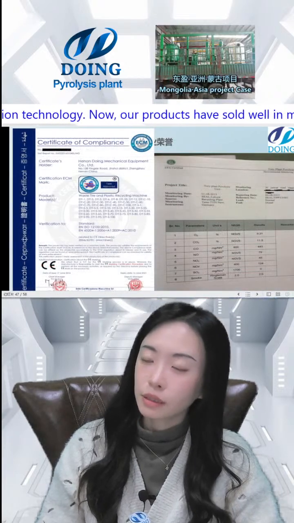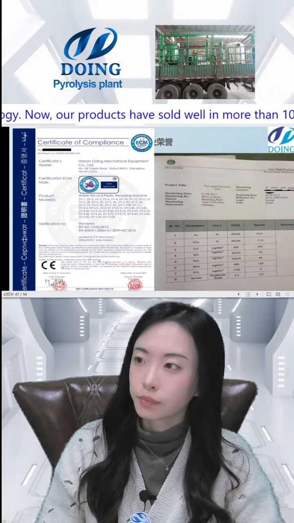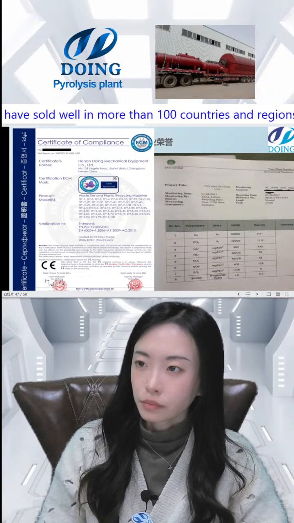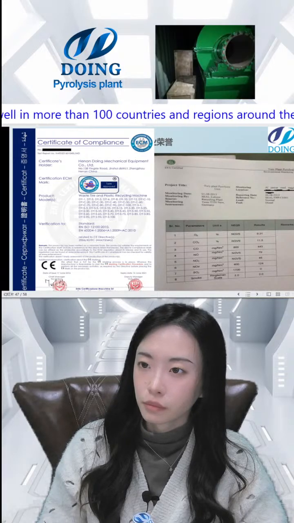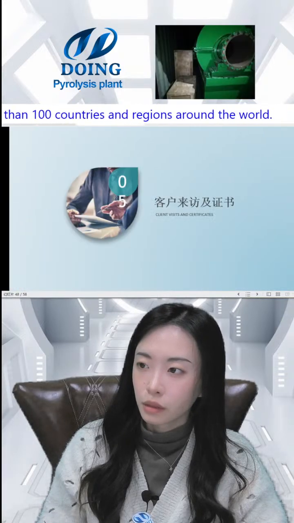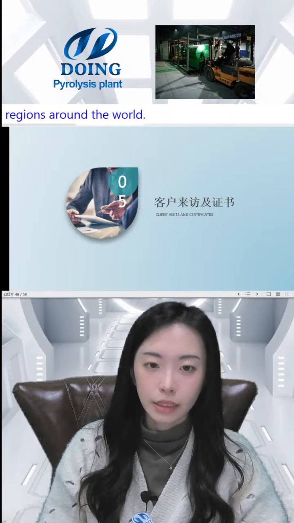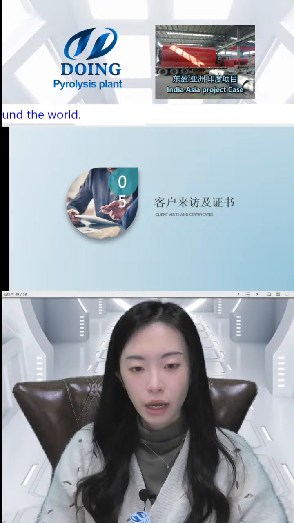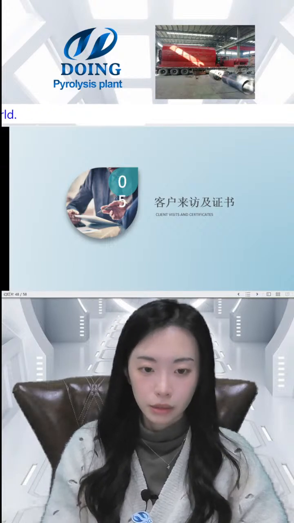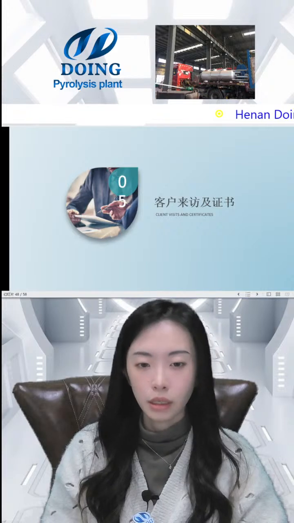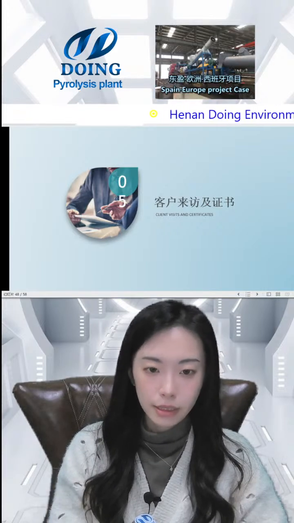Here are some certificates that we have. Certificate of compliance. And here are the client visits and the certificate. We have customers coming to our company from all over the world. The customers who are not Chinese come here every week.